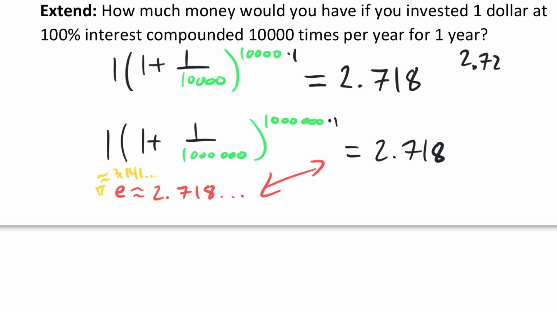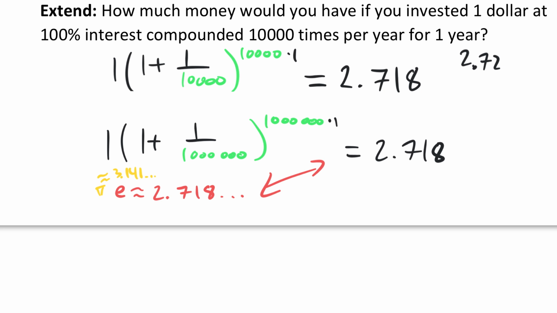And it's kind of like the maximum amount that you could get from $1 if you compounded it as much as possible. Kind of a neat idea, and it's going to play a role in some of the problems we do. E is very closely related to compounding, to exponentials, and it's a neat number to know about.